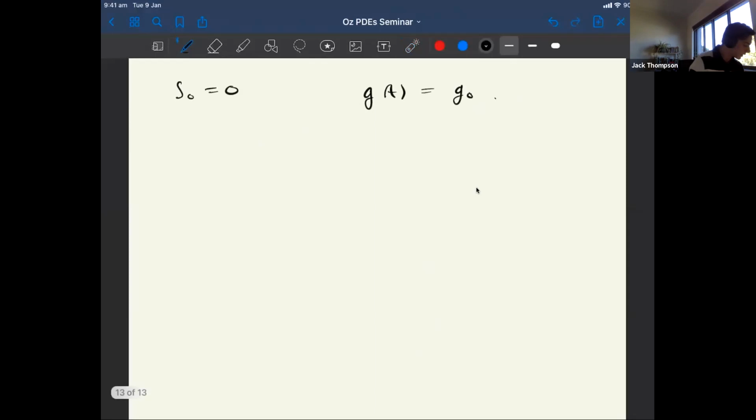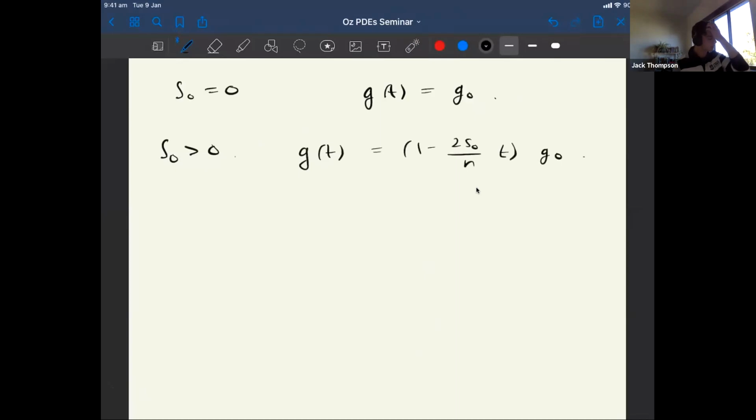But now something interesting happens if, say, S naught is positive. So let me rewrite this out. If S naught is positive, then what we're going to find is that this term here is getting bigger. So eventually we're going to hit a point where this is 0.